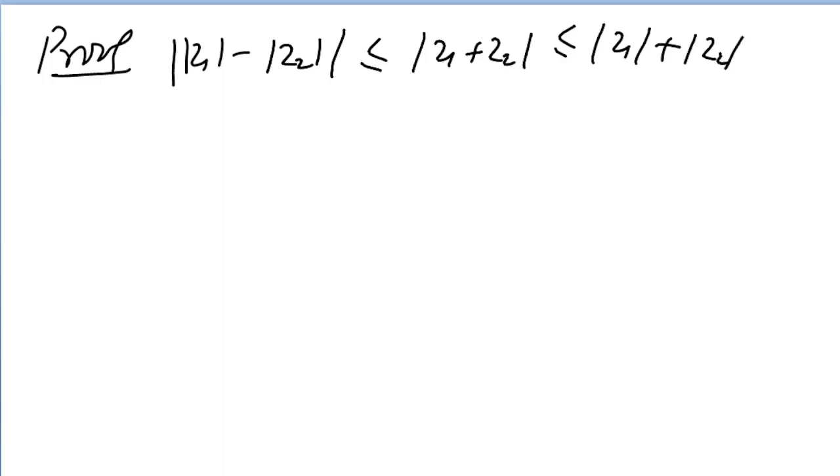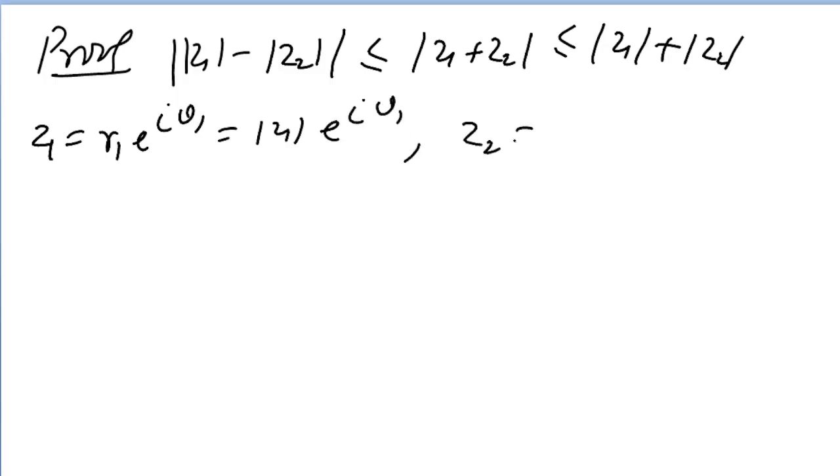So let's prove it. We assume Z1 is equal to R1 e to the power i theta 1, or we can say mod Z1 e to the power i theta 1, and Z2 is mod Z2 e to the power i theta 2.